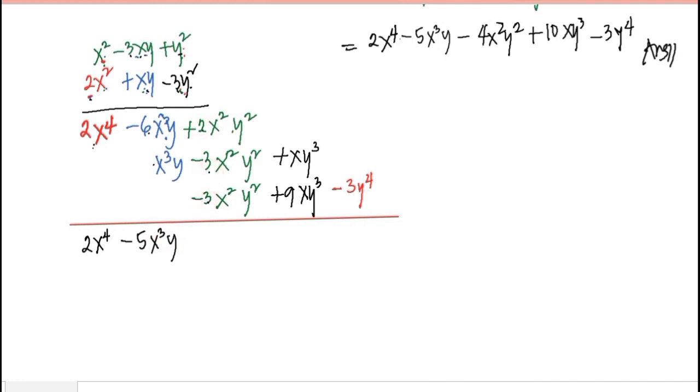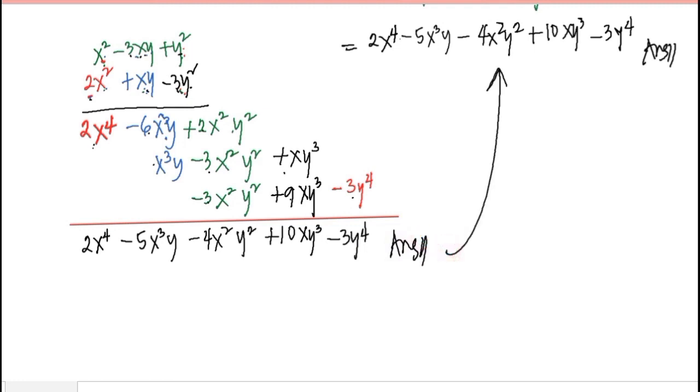Plus negative 3 is negative 4. X squared, y squared. 1 plus 9 is 10. That's 10xy cubed. And last term, that's negative 3y to the fourth. And this is our answer. It's just the same with our answer kanina.